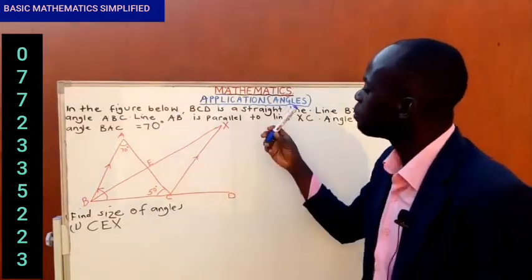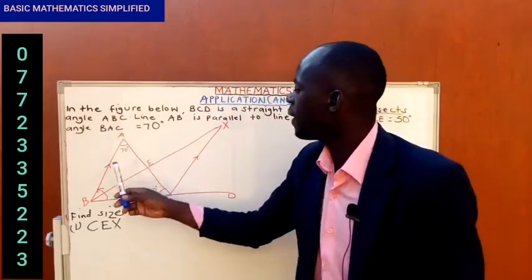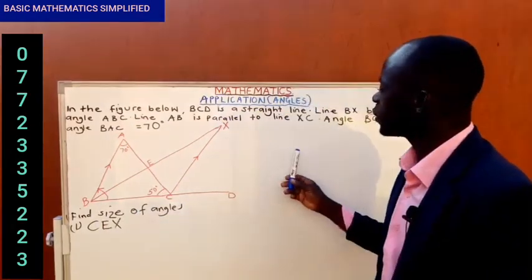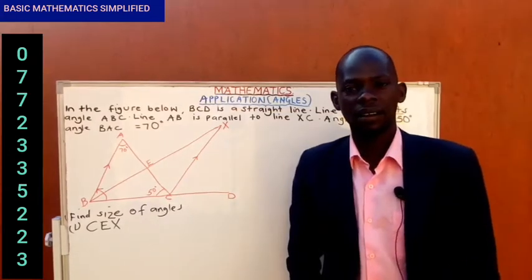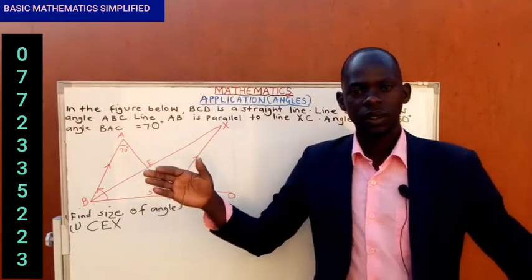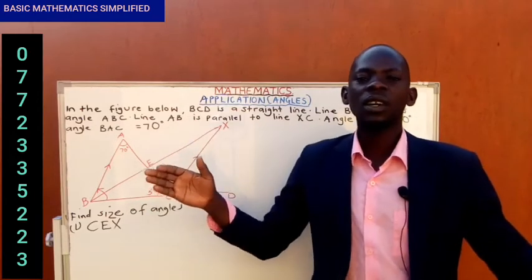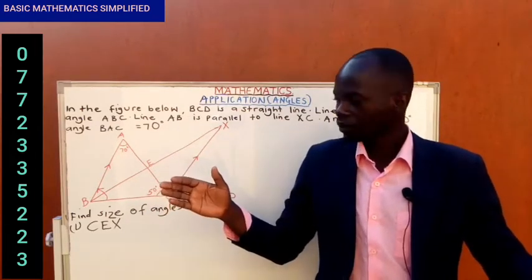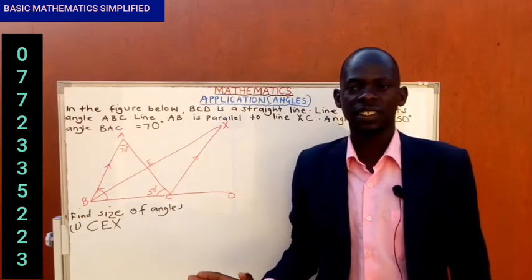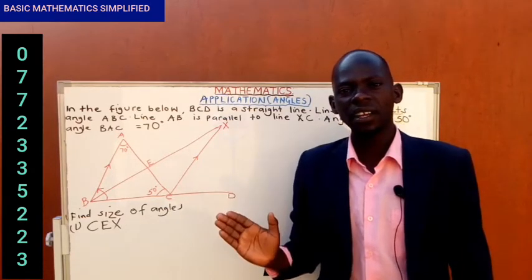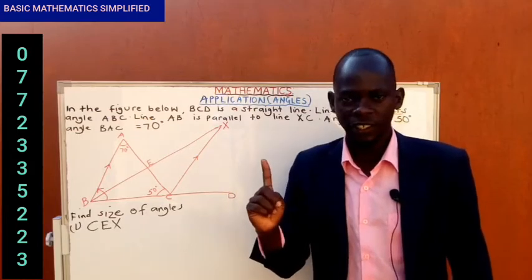Line AB is parallel to line XC. Parallel lines are lines that have equal distance between them. Equal distance. And remember, parallel lines do not meet.